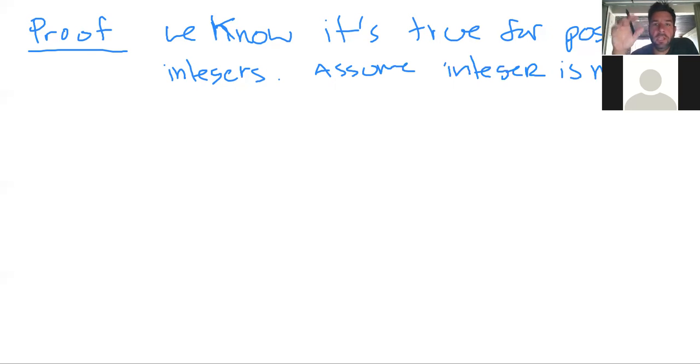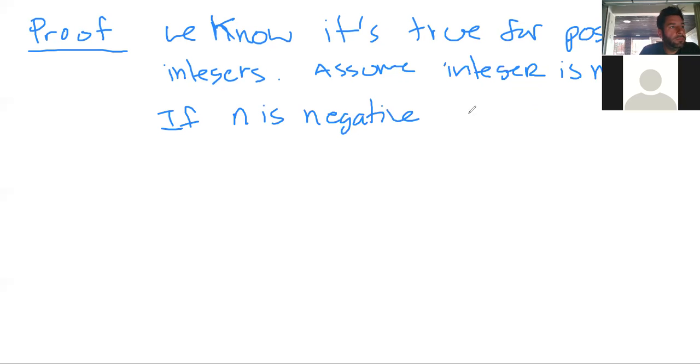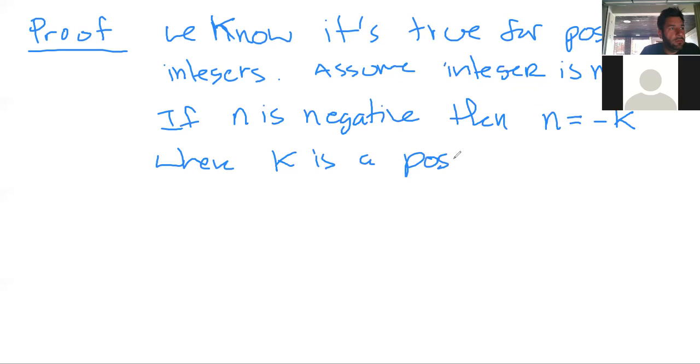So if I tell you an integer is negative, what can we say about it? So if n is negative, then n has to equal negative k, for example, where k is a positive integer.